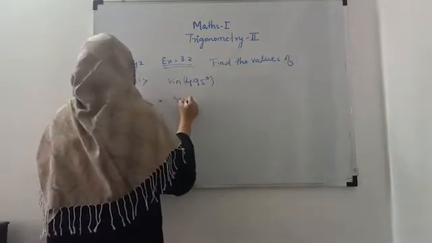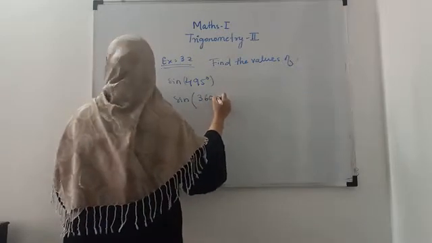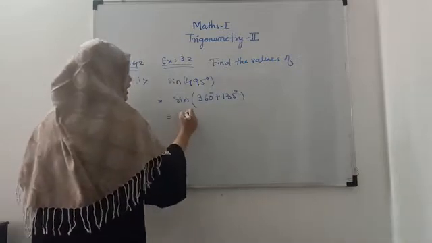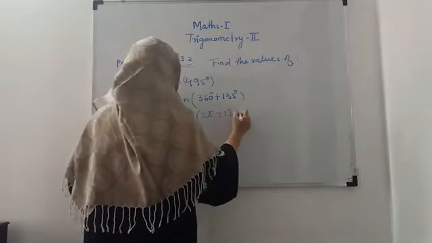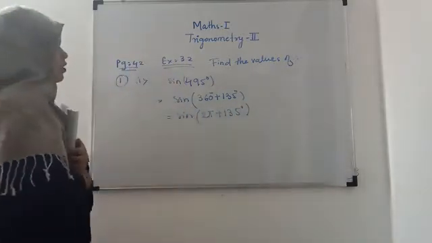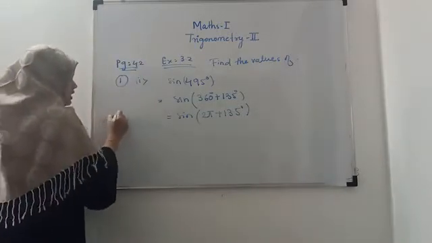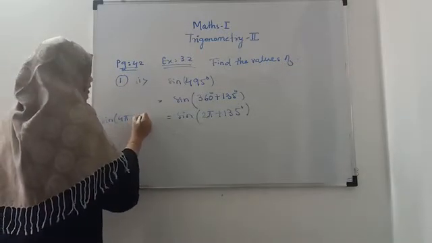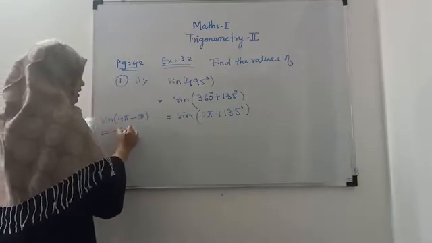So this is sine, I am writing 495 as 360 plus 135, which is sine of 360, meaning 2 pi, plus 135. Now here also I'll use the sine 2 pi formula. See, in the previous one it was sine 4 pi minus theta, so it was minus sine theta.